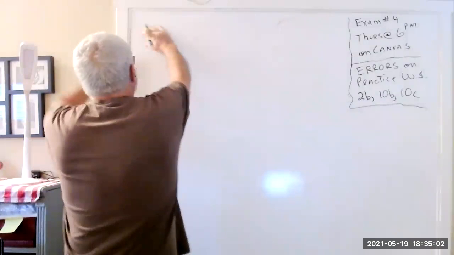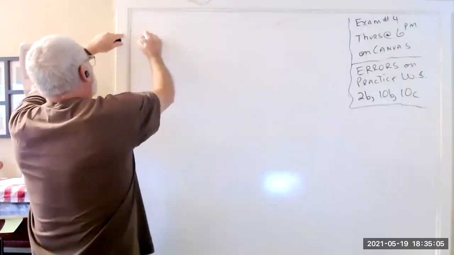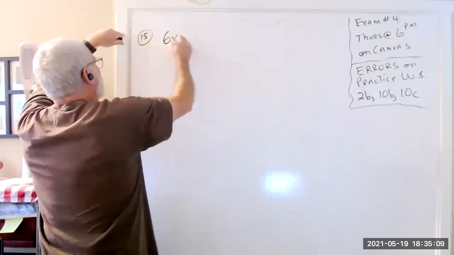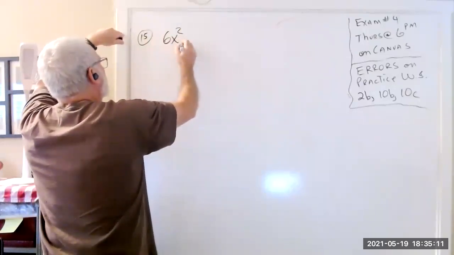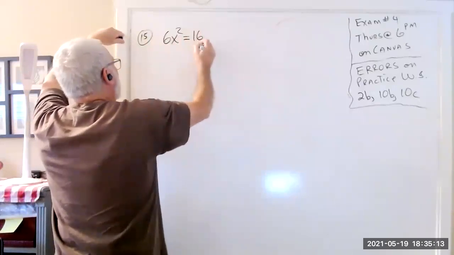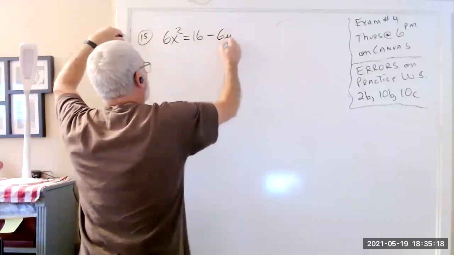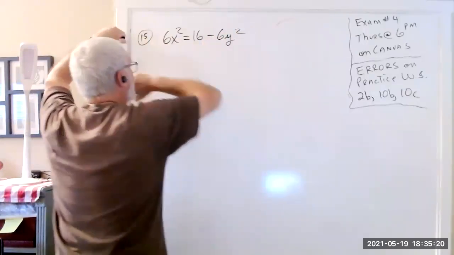Which problem? 15. Go ahead, read it. It's 6x squared equals 16 minus 6y squared. Okay.